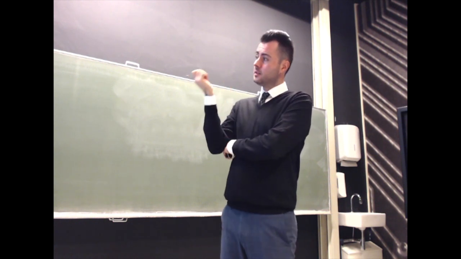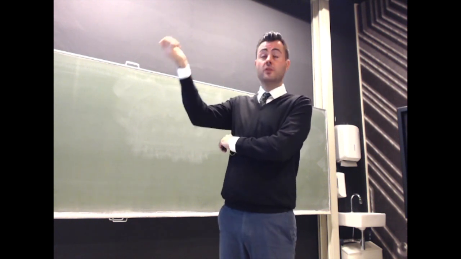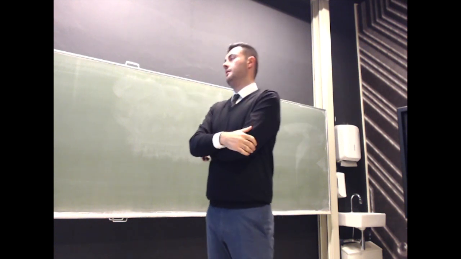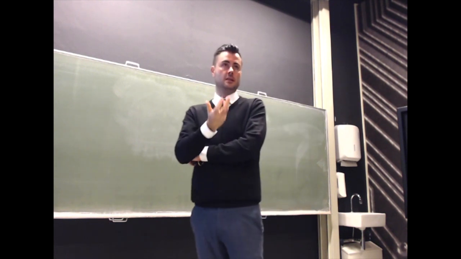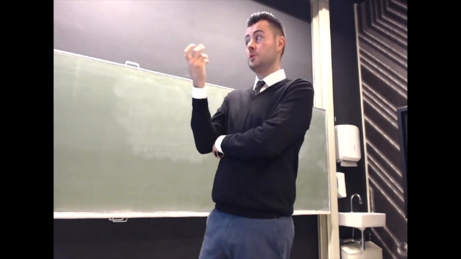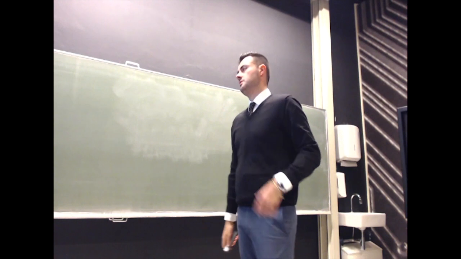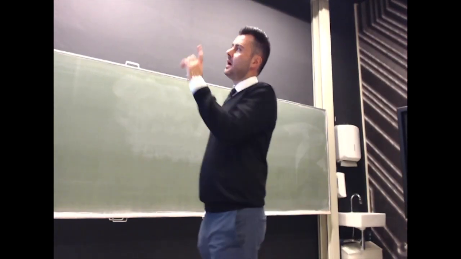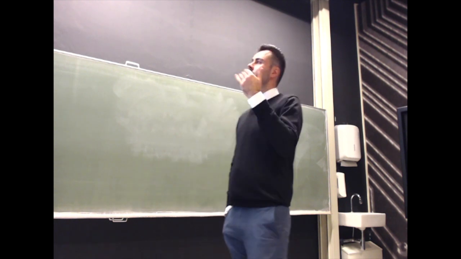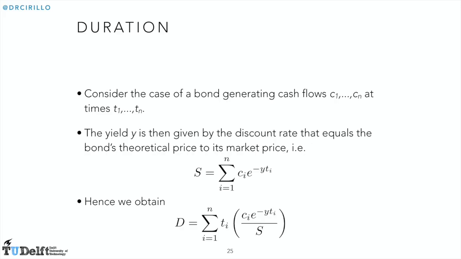True, but if it is used within the duration definition, it gathers a better insight in terms of interpretation of the different quantities. That's the simple reason. Now, imagine that I have a bond that generates cash flows. That is to say, a bond that pays coupons C1, ..., Cn at different time maturities, T1, ..., Tn.